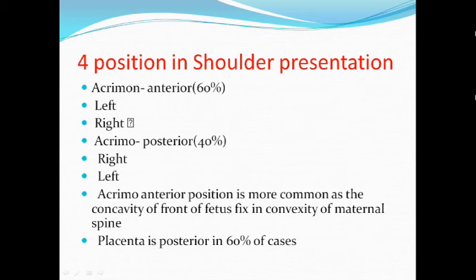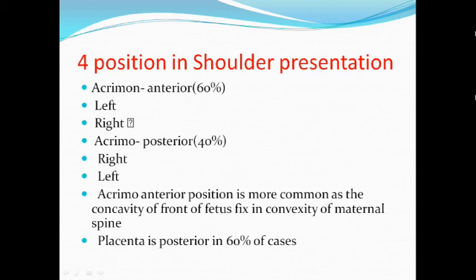In shoulder presentation or transverse lie, the presenting part is the acromion. So the position is according to the presenting part, that is the acromion. The acromion may be anterior or posterior. Acromio-anterior position is more common, as the concavity of the front of the fetus fits the convexity of the maternal spine.